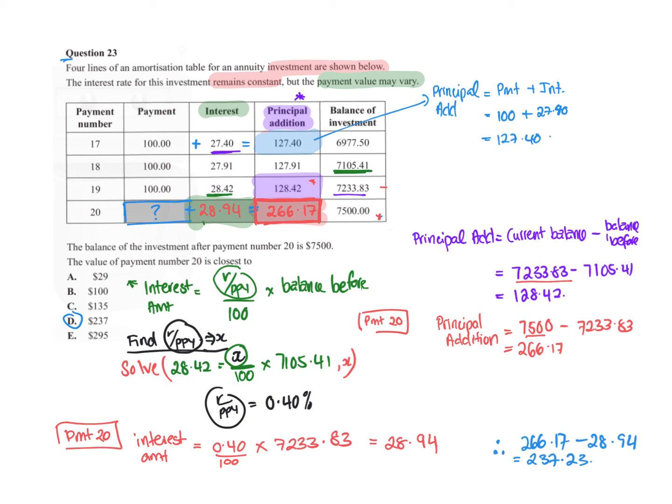So now I've used this 0.4 to find out the interest amount. It's the interest rate here times the balance before, and this is how much interest they got. To work out the payment, it would have been the total amount that was added minus that interest, and I get the payment, which is why I get answer D. So that was there.